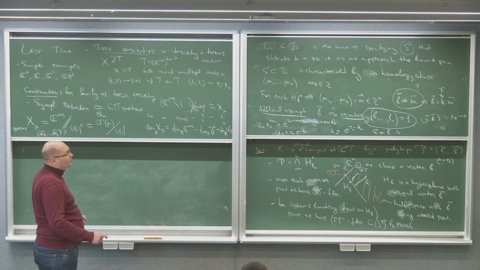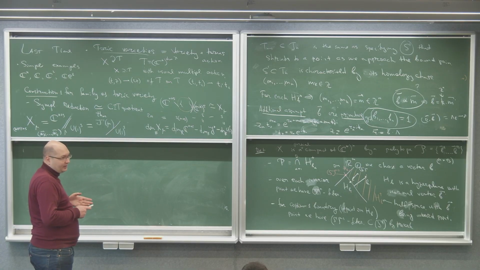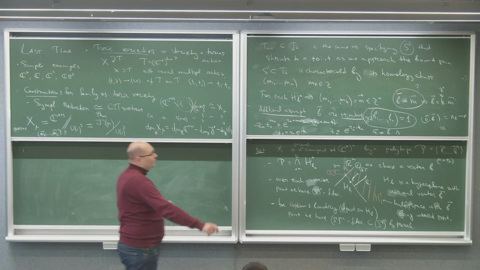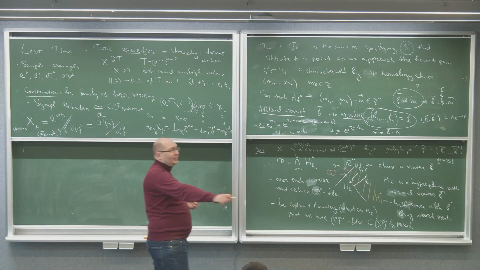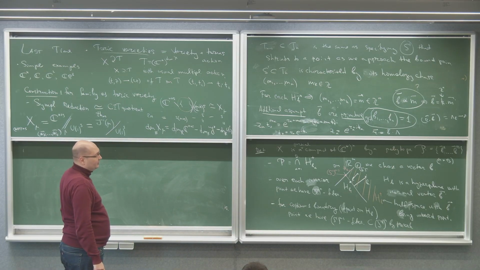But then there should be an agreement between the radial part and the angular part. It's not two independent actions, but the radial and angular parts of a single C-star action. In this C-star action, we act on a radial coordinate by shift and on an angular coordinate by rotation.